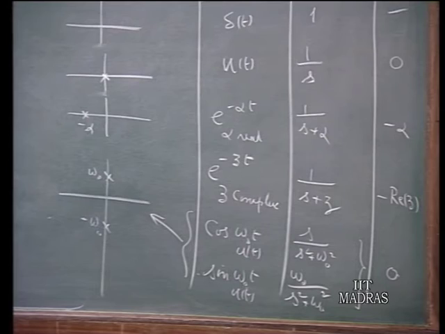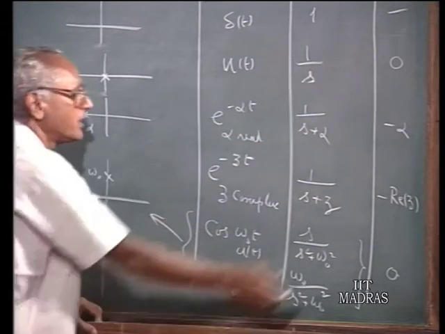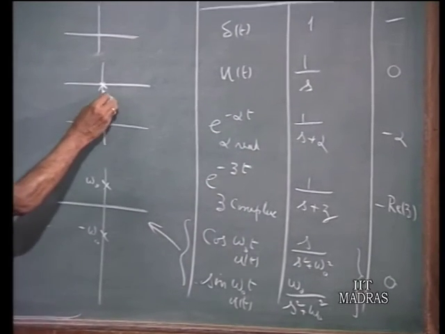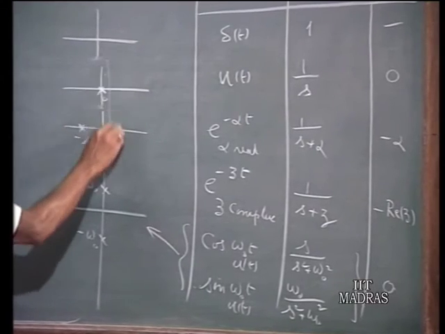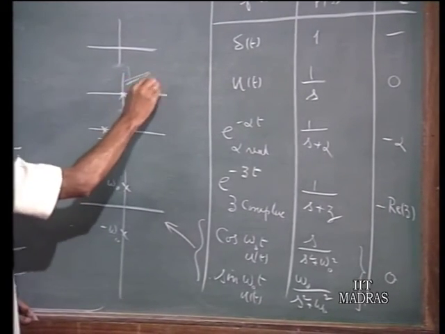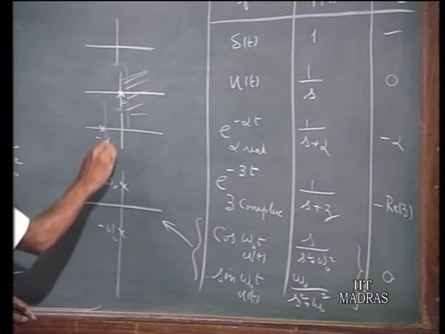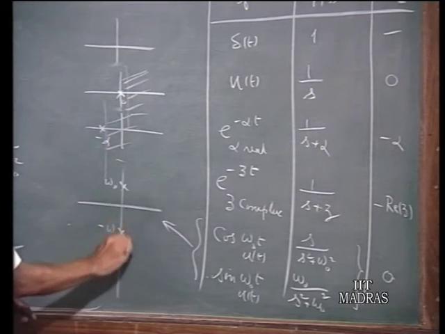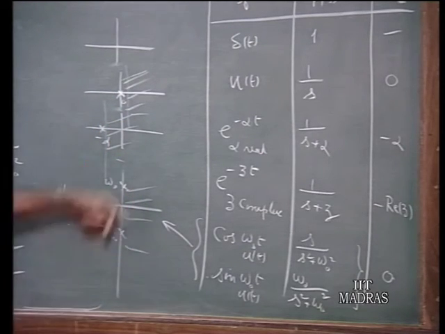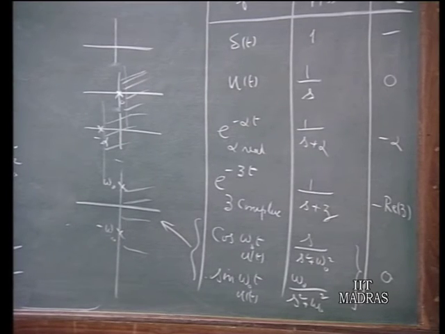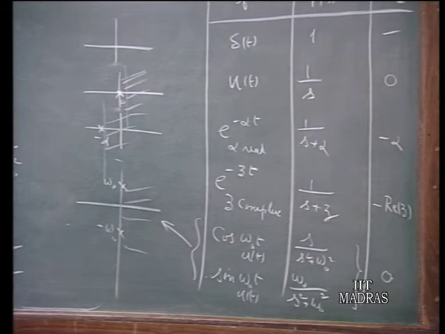And now, you observe that the abscissa of convergence in all these cases is 0. In all these cases, you will observe that the region of convergence, which is defined by the abscissa of convergence, is to the right of the rightmost pole.